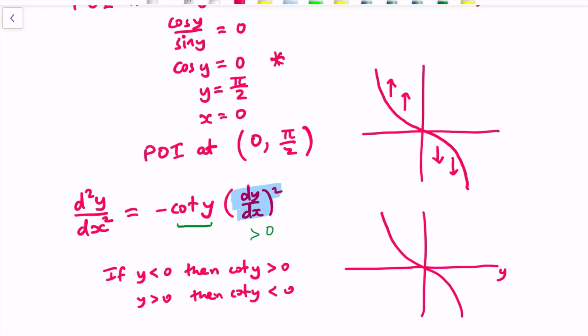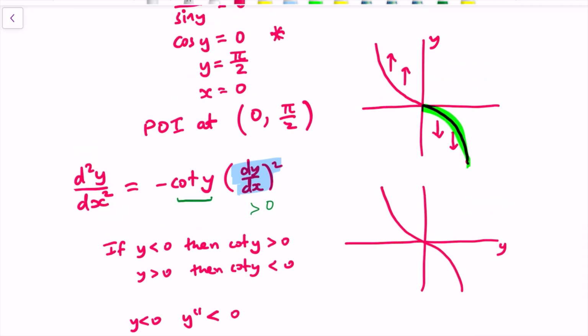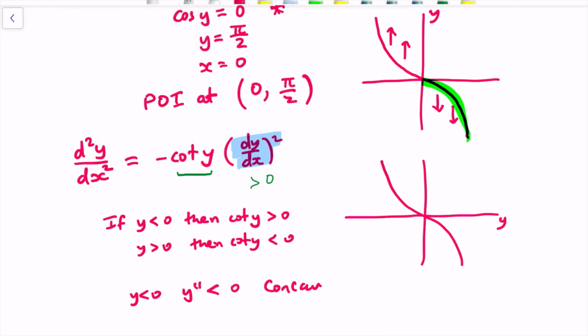But we have a negative in the front of that as well. So if y is less than 0, cotan's positive, there's a negative, so we get y double dash is negative. Yep, that corresponds to here. And on that axis, very confusing, but on that axis it's y. So when y is less than 0, the second derivative is negative, and that's concave down. And the flip for y greater than 0: the second derivative is greater than 0, that's concave up.